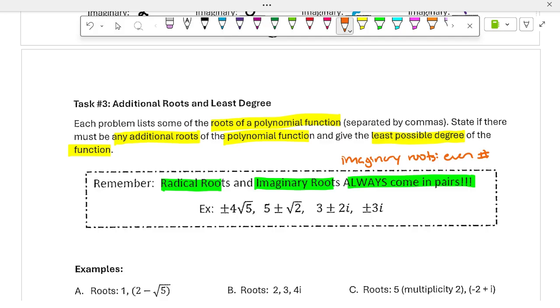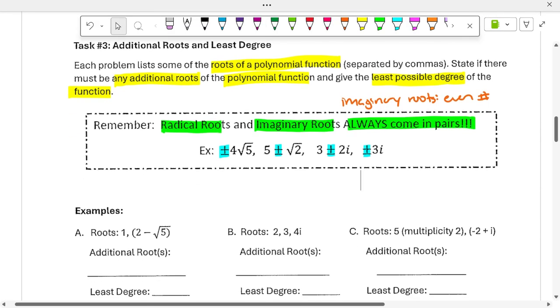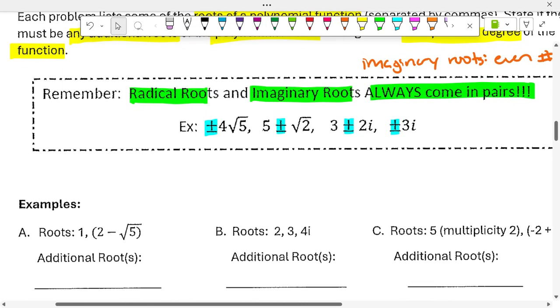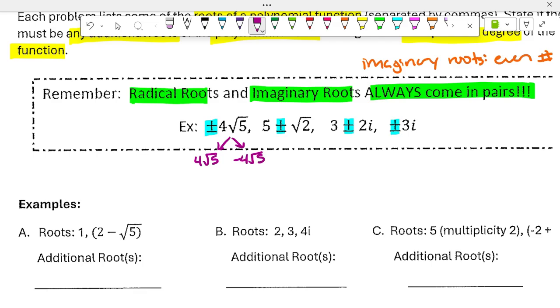Look at the examples underneath. What symbol is making them become pairs? That plus minus. Remember, we talked about this the other day. This is where it comes into play with the quadratic formula. This can break apart into positive 4 square root 5, negative 4 square root 5.